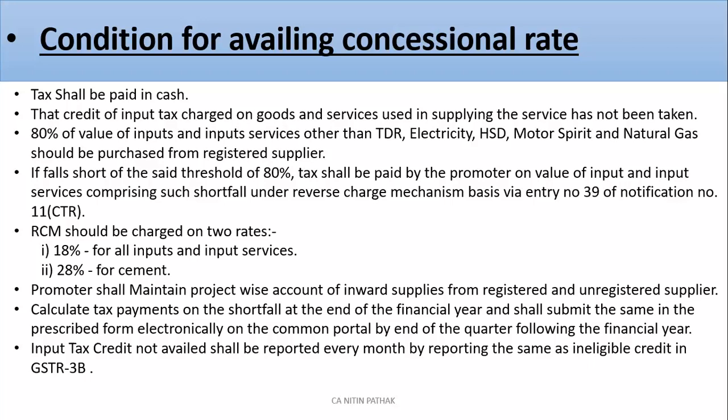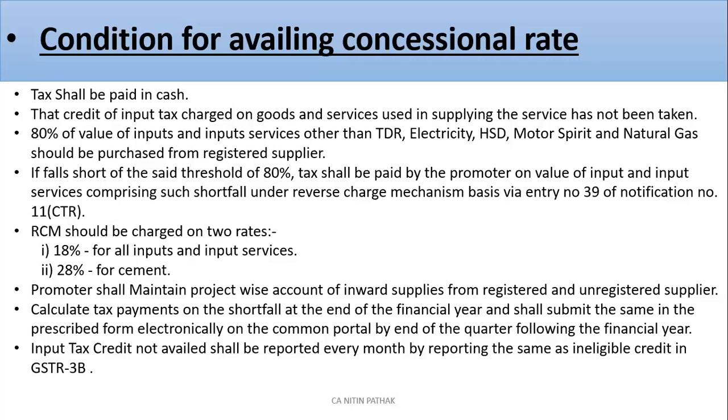Suppose my cost is 100 rupees. 80% of the value should be payable to registered dealers. Let me give an example. 100 rupees is my cost, 80 rupees should be payable to the registered dealer. If it is 70, then on reverse charge mechanism, the rest of the amount needs to be paid.